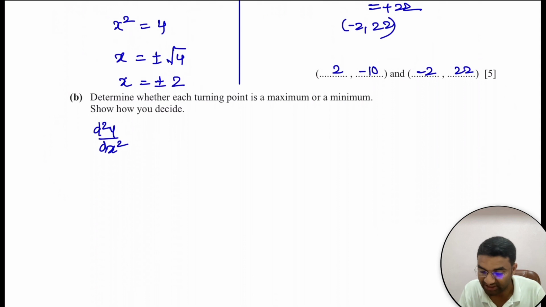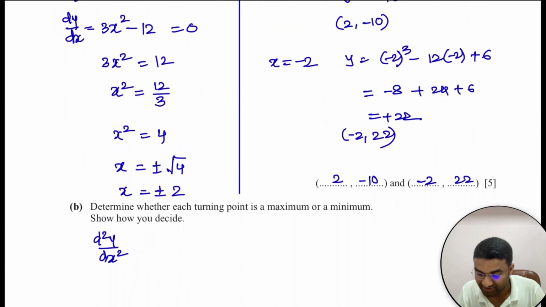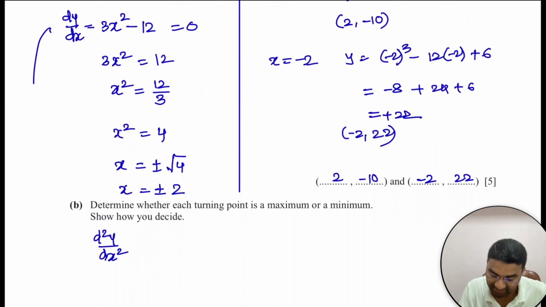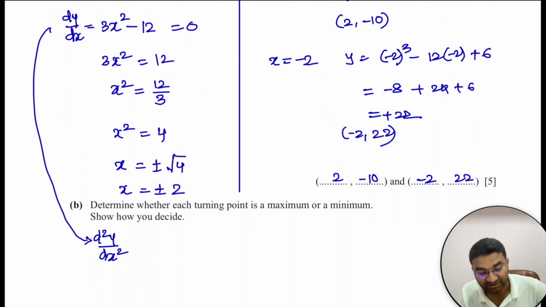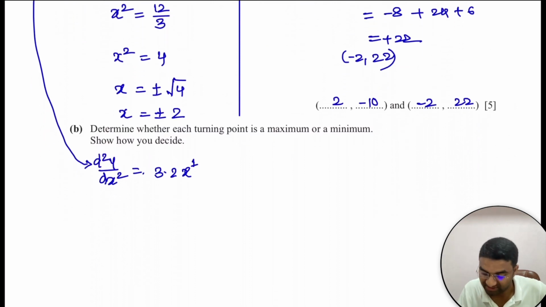So firstly find d2y by dx square. We have dy by dx here as 3x square minus 12. If you take another derivative from there, 3 times 2x, 2 minus 1 is just 1, so that's just 6x.